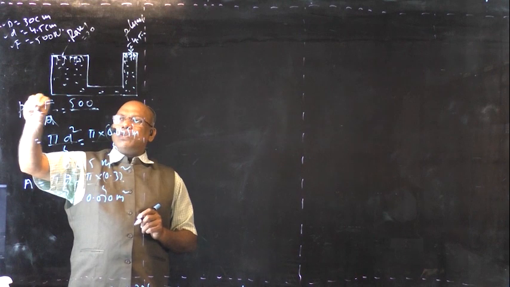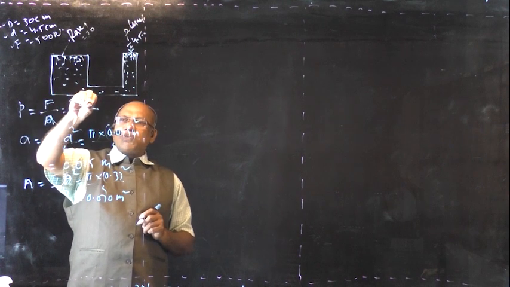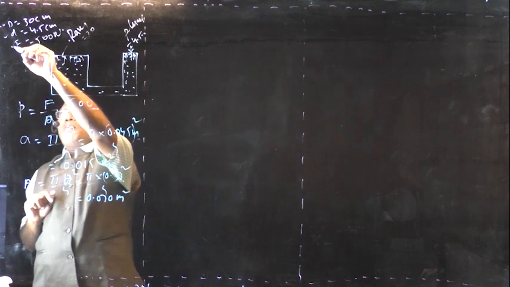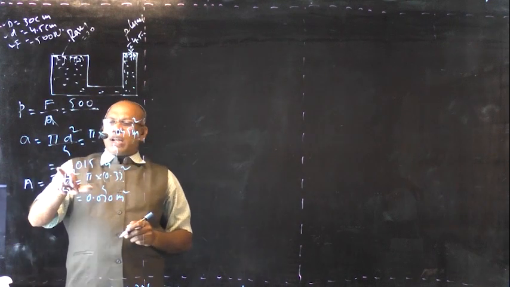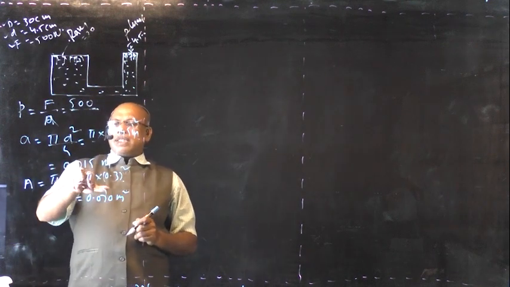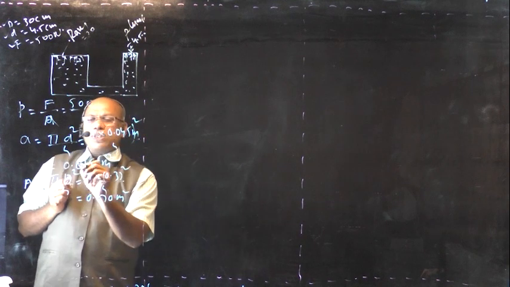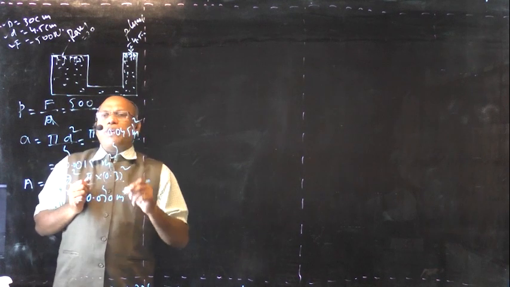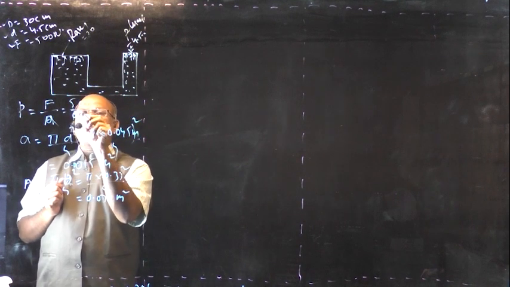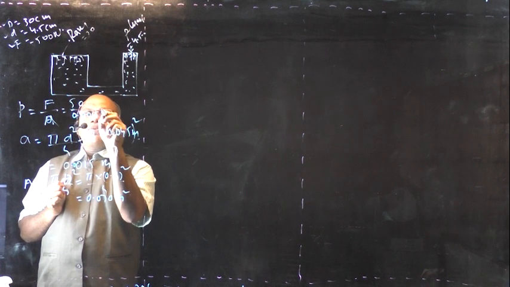Now we are going to determine the pressure intensity at the plunger. Pressure intensity is equal to force by area. Force is equal to 500 newtons, that is given in the problem. Area we have already determined, that is equal to 0.0015.